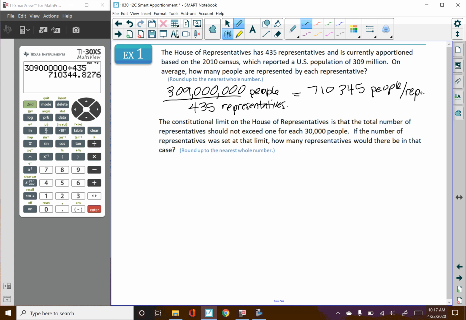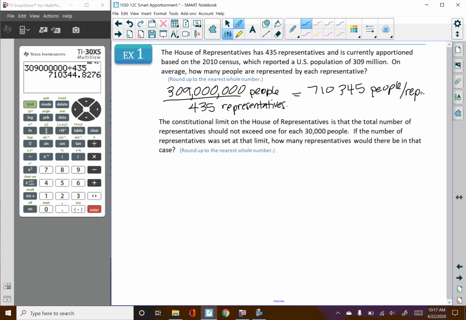Okay, so it says that the constitutional limit on the House of Representatives is that the total number of representatives should not exceed 1 for every 30,000 people. So we are way above that right now. That's a lower limit though, so it's okay to be higher than that. You just can't go lower than 30,000 people per representative.